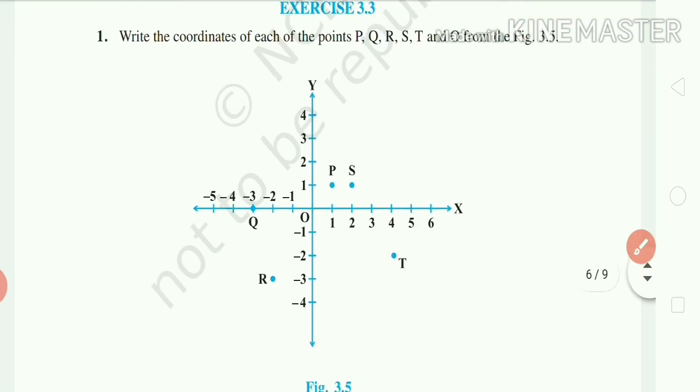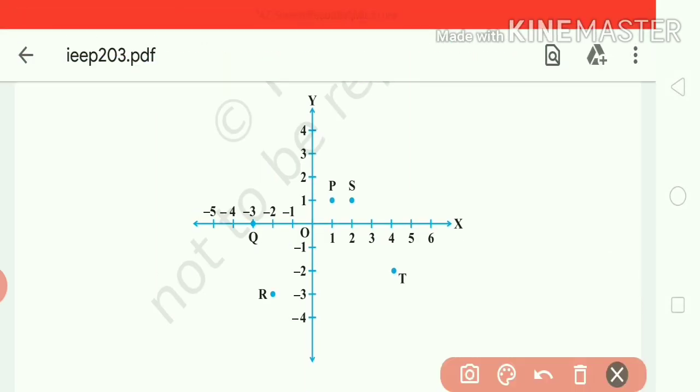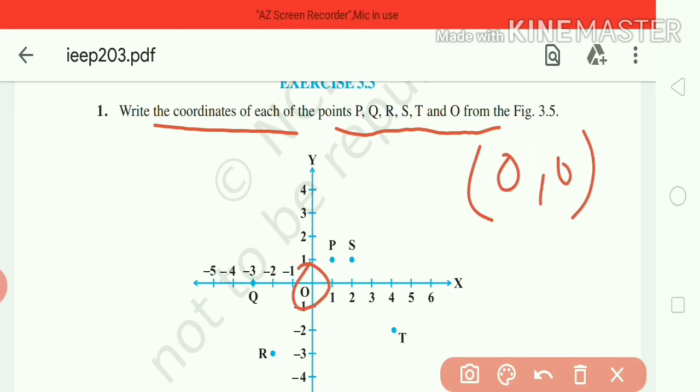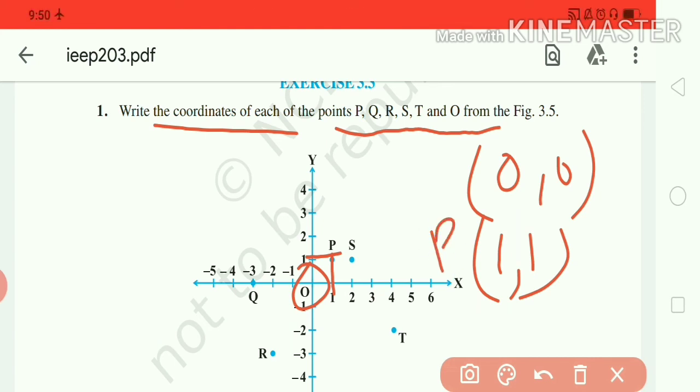Now come to the next one. Write the coordinates of each of the points P, Q, R, S, T and O. Okay, let us check. O is the origin, so the coordinates of O are (0, 0), right? Coordinates of P are x is 1, y is also 1, so P is (1, 1), right? For S, see here, x is 2 and y is 1, so coordinates of S are (2, 1).